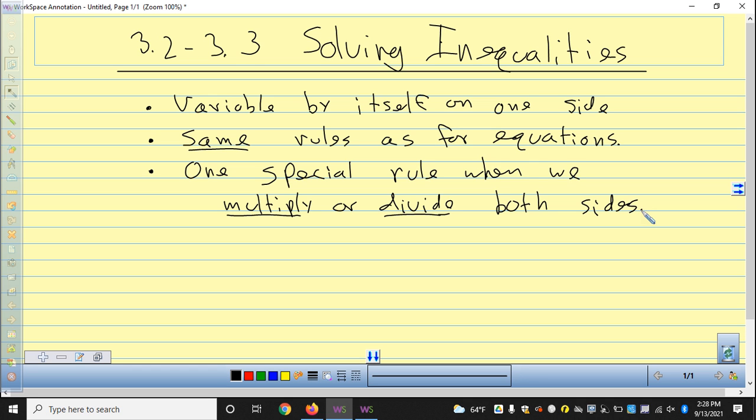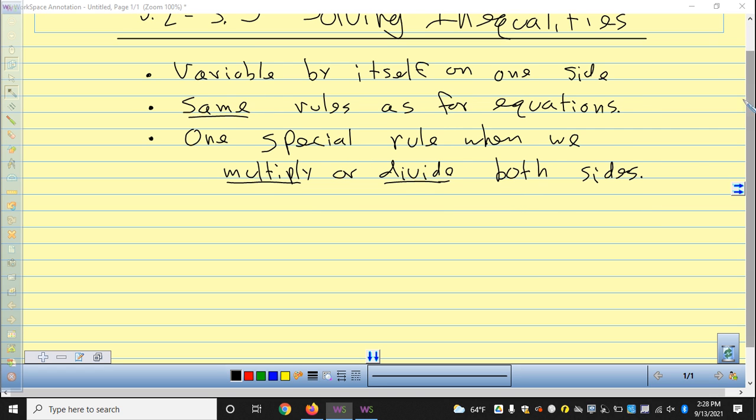So everything is exactly the same with inequalities as it is for equations. All the stuff we learned in chapter 2 about equations is exactly the same stuff we're going to use in chapter 3. We just have this special rule.